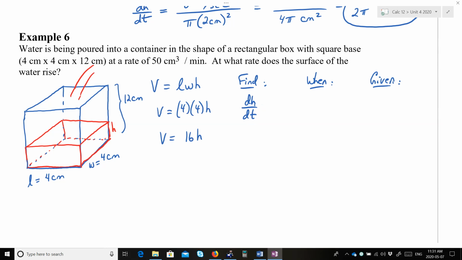It doesn't really say when, but we know that L is 4 centimeters and W is 4 centimeters. Given water is poured into this box at a rate of 50 centimeters cubed per minute, the change in volume with respect to time is 50 centimeters cubed per minute.